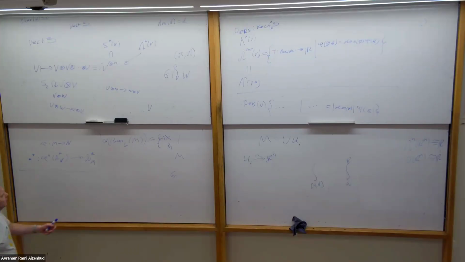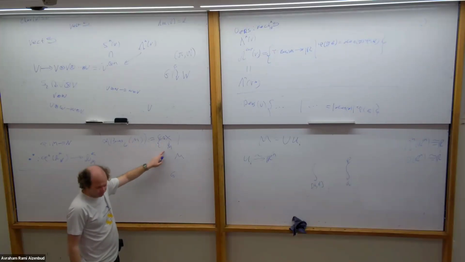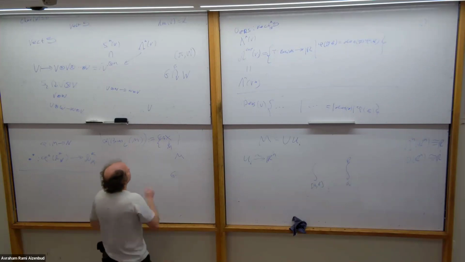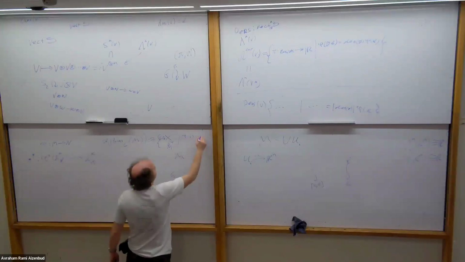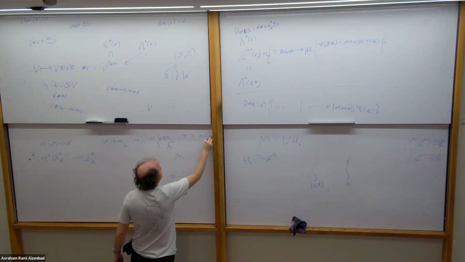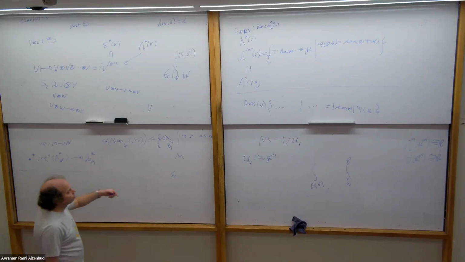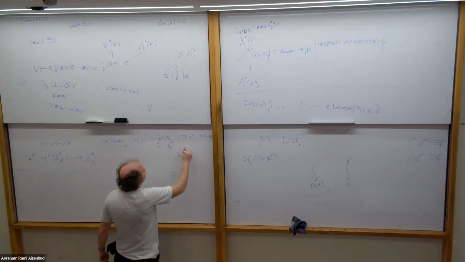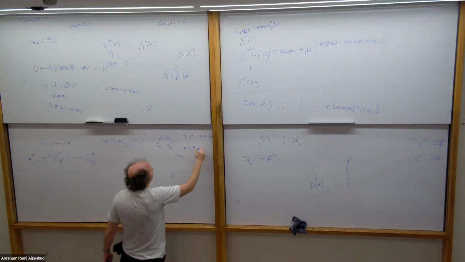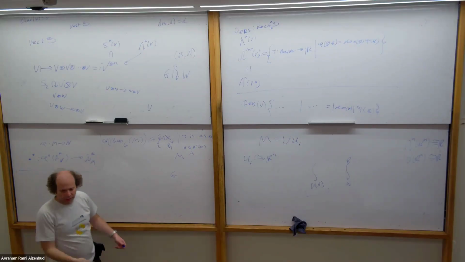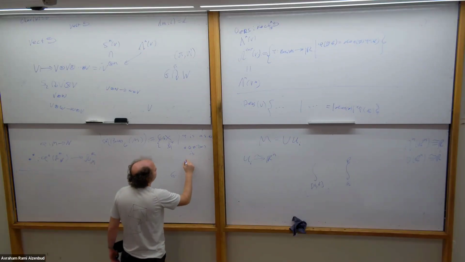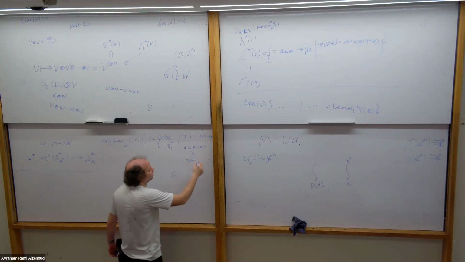So this map should be a fiber bundle. Locally, you remember, it looks like the fiber times the base. And the action of G on each fiber is a principal G-space, so it is simply transitive.